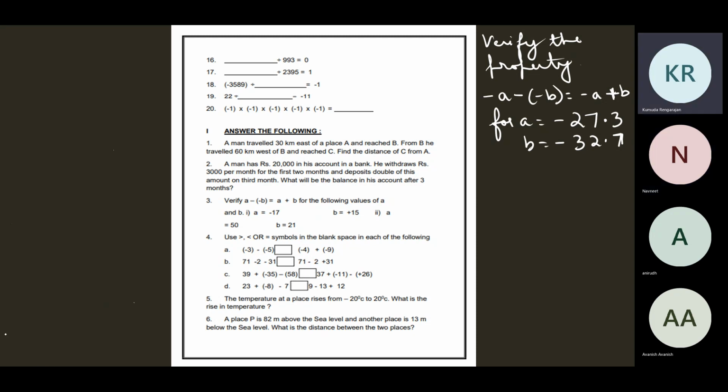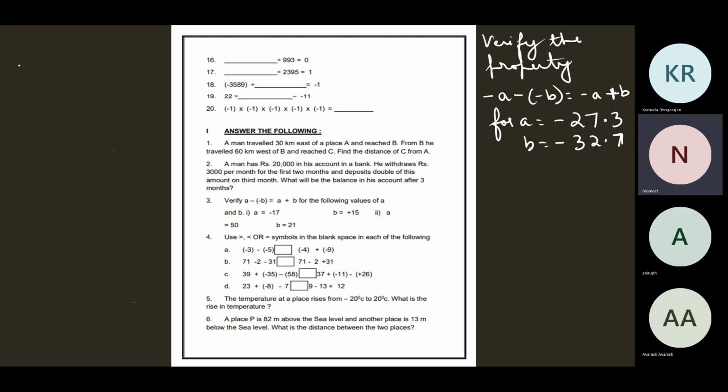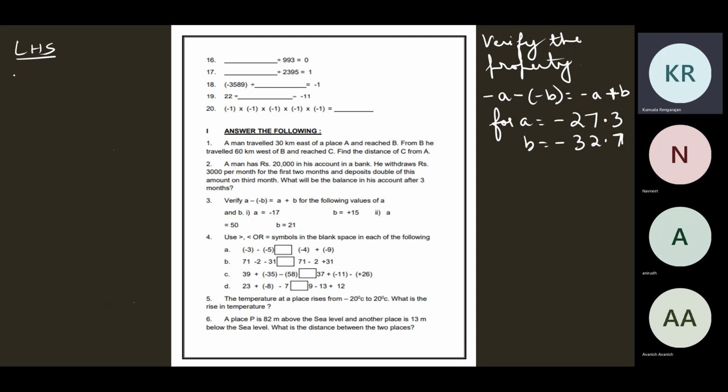Now tell me. LHS, okay? Somebody's mic is enabled. Disable your mic. No, I think I'll not ask you. I'll write it myself. You need to understand now. So the LHS is minus A minus B is equal to. Now, we have the value of A, but there's a minus here. For this A, you should write minus 27.3, but there's a minus.